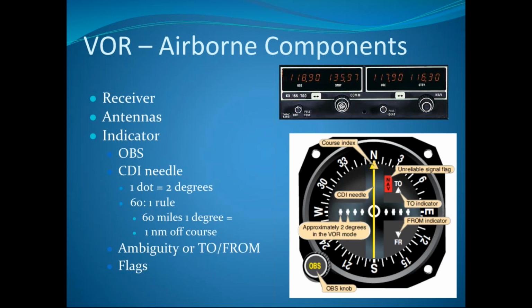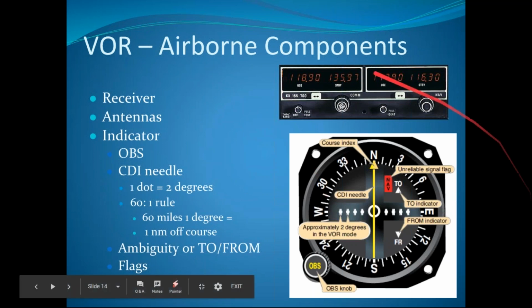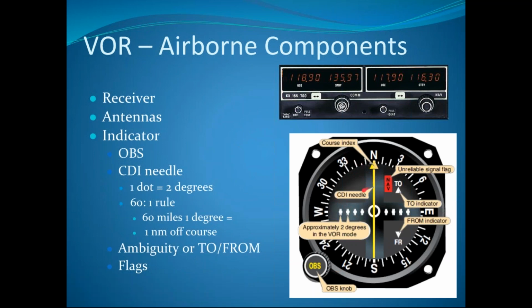So the antennas are once again on the outside of every one of the aircraft that use VORs. And then this is the indicator. So as Rex indicated before, this is the CDI needle, or the course deviation indicator.